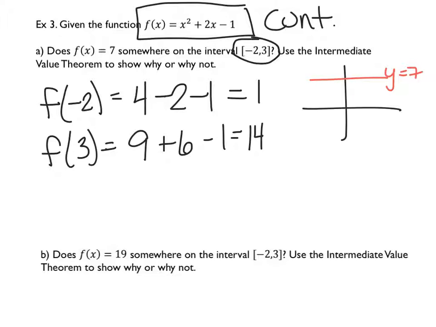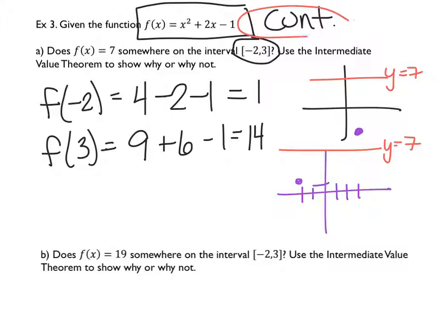So let's think about this. At f of -2, you're at a height of 1. At f of 3, you're at a height of 14. Do you have to hit at some point y equals 7? Well, since this is a continuous function, in order for me to get from this point to this point without picking up my pencil, I at some time have to cross 7.